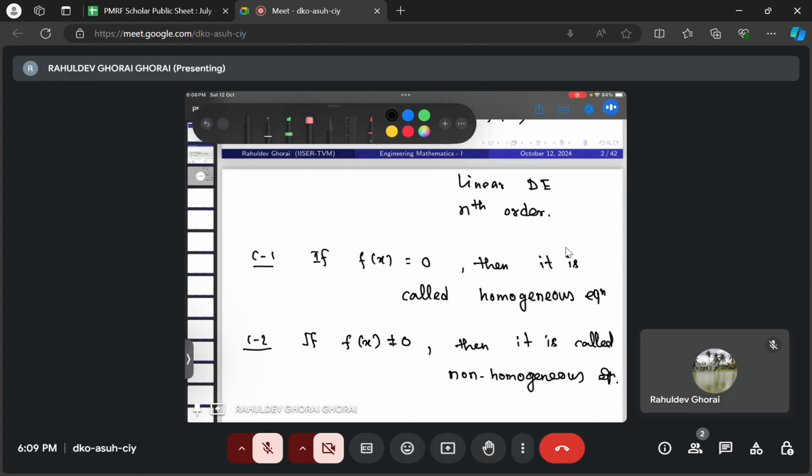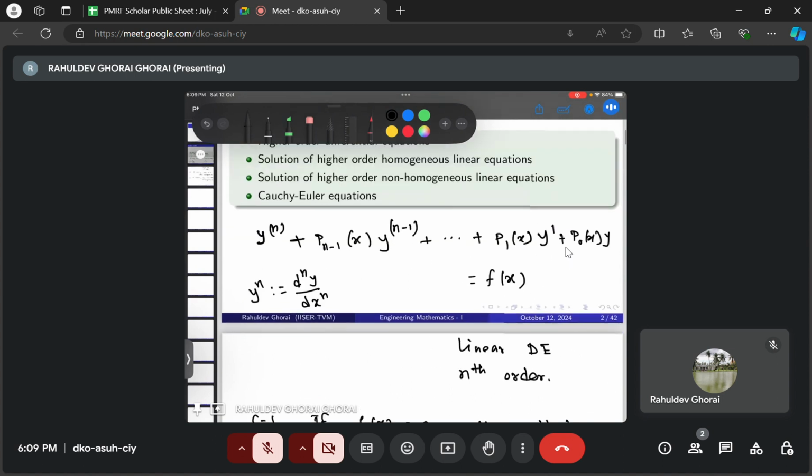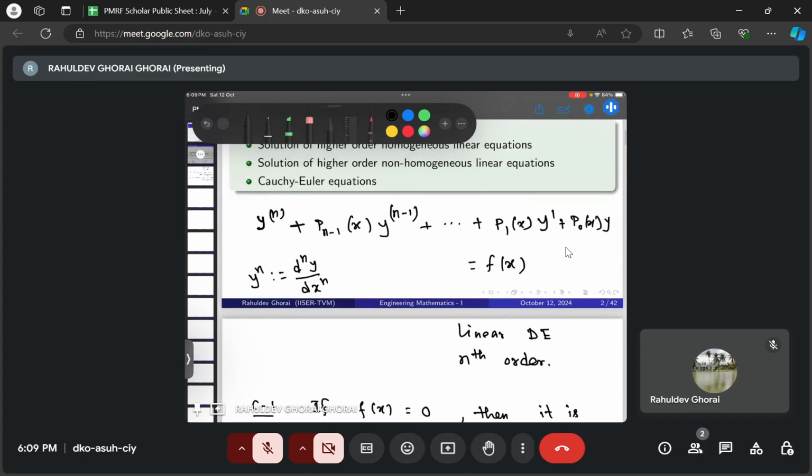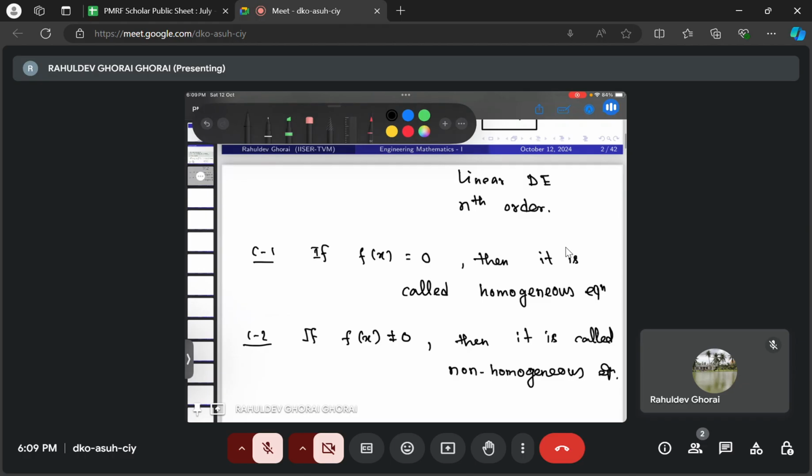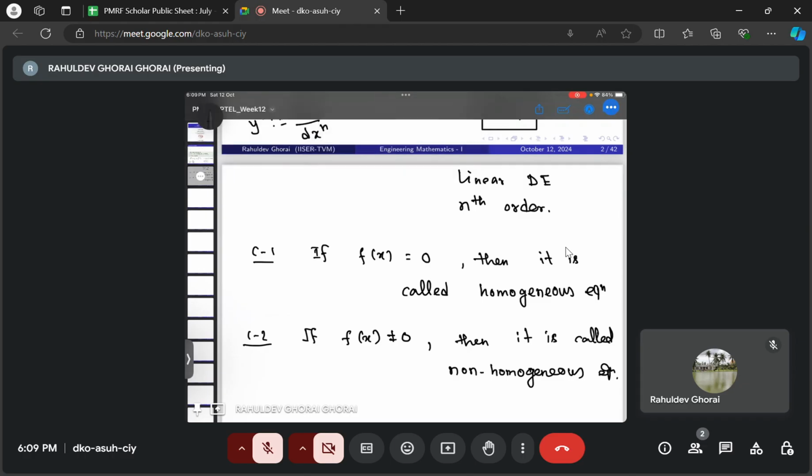So the linear nth order equation you can classify into two types, depending on whether the right hand side function is there or not. If it's there, I mean if f(x) is not equal to 0, then you say it is a non-homogeneous equation, otherwise it is a homogeneous equation.